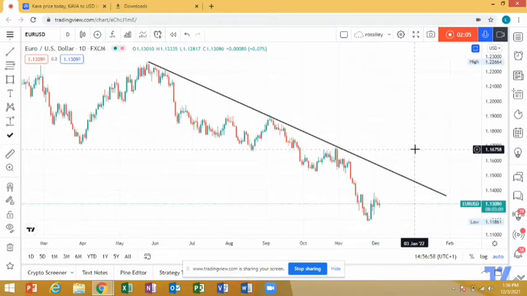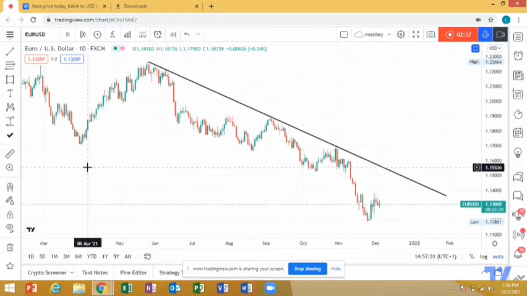If the market is trending downward, don't just go and start buying, or if the market is trending upward, don't go and start shorting without taking into consideration that the market is trending upward. So it's very important to trade in the direction of the trend.